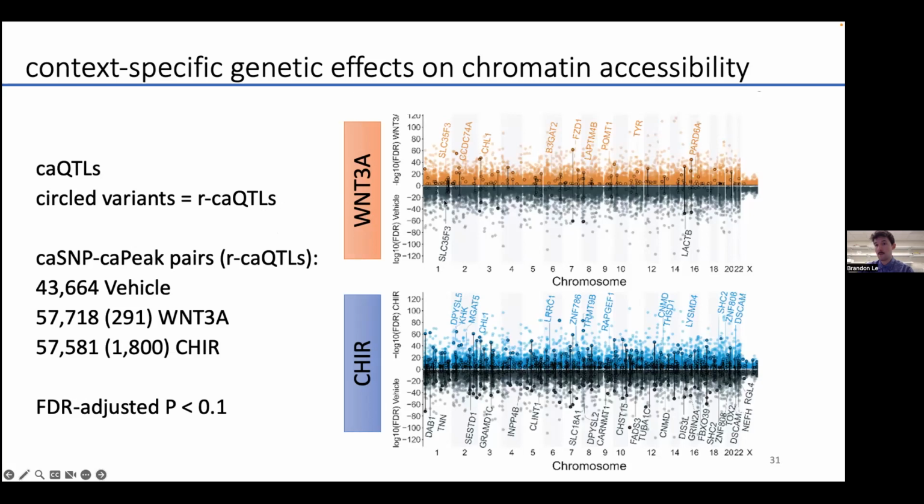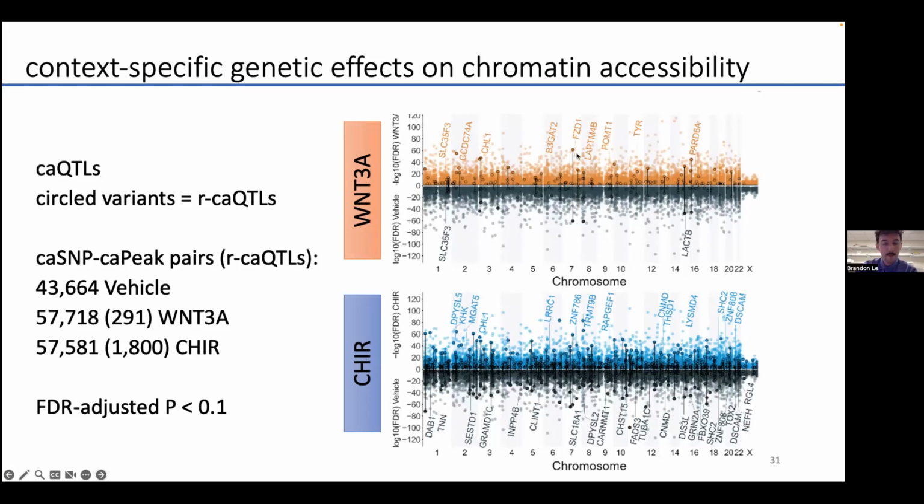I'm showing these as Miami plots, where the Wnt-specific stimulated conditions are depicted on the top half, and the baseline or vehicle context is shown on the bottom half. And we've highlighted a few interesting genes that were of note from some downstream analyses when we compared these to GWAS, which we can talk about a little more later.